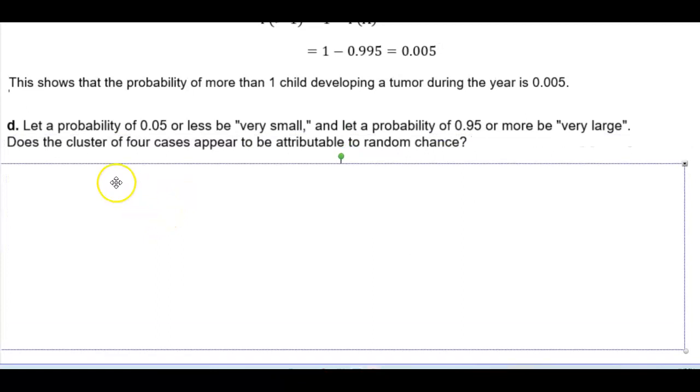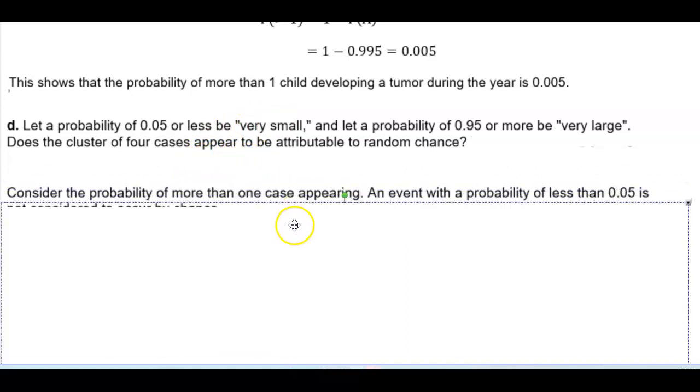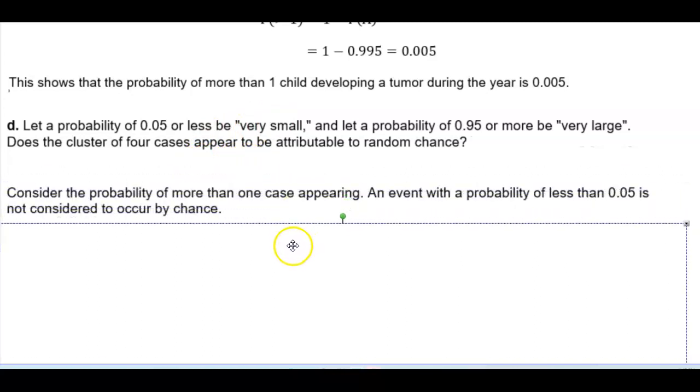In Part D, it says, let a probability of 0.05 or less be very small, and let a probability of 0.95 or more be very large. Does the cluster of 4 cases appear to be attributable to random chance? Now, if we consider the probability of more than one case appearing, we found that probability to be 0.005.